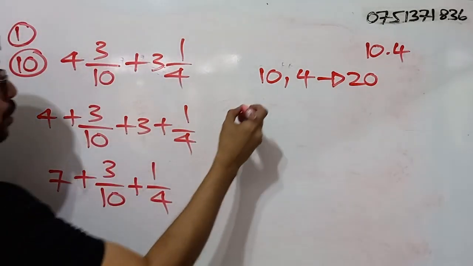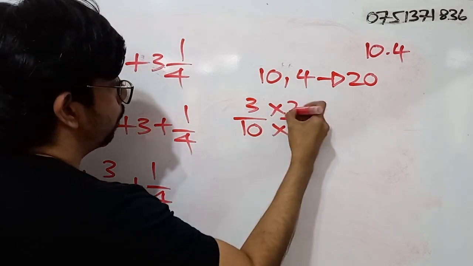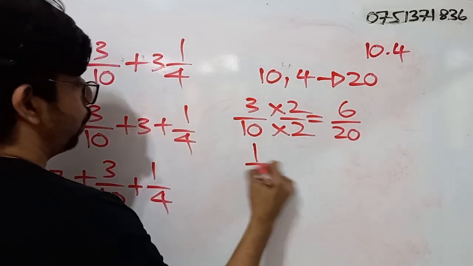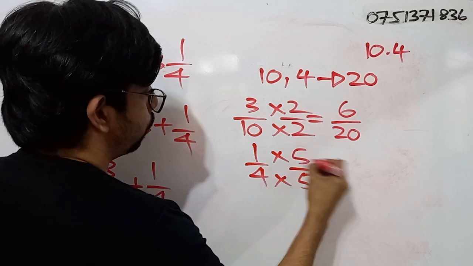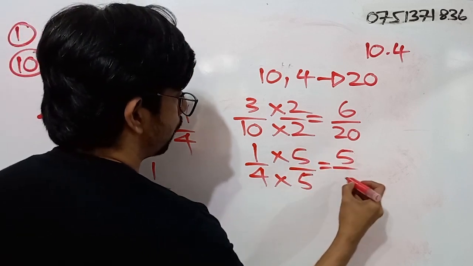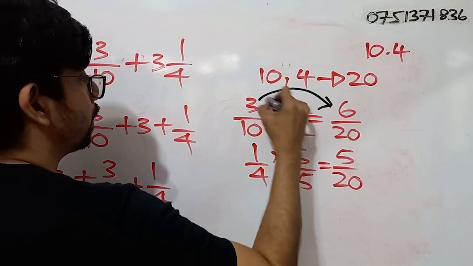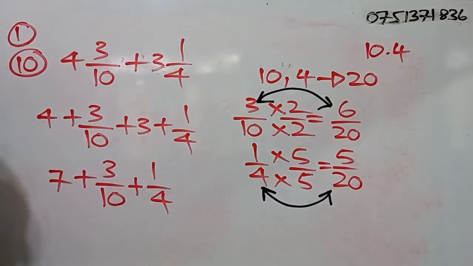Right? So 3 by 10, I'll multiply both denominator and numerator by 2. So this becomes 6 by 20. So 1 by 4, I'll multiply both denominator and numerator by 5. So this becomes what? 5 by 20. Now these two fractions are what? Equivalent fractions, and in the same manner these two fractions are equivalent fractions.